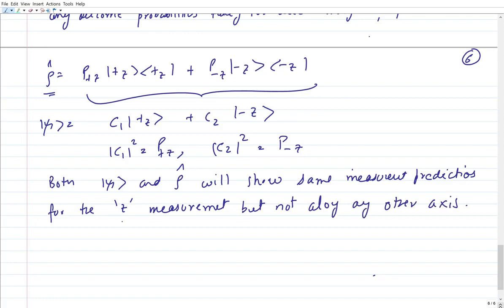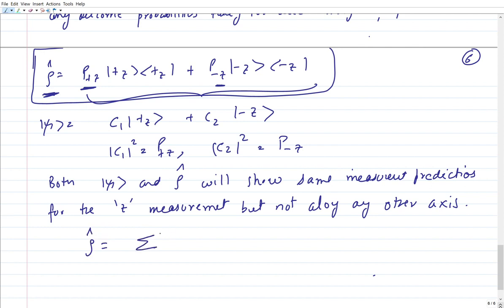Density operator, so this structure which expresses a quantum state combining the subjective probabilities of the coin toss is called a density operator. And generalizing the density operator, in general, it's a convex combination of probabilities and pure state projectors.